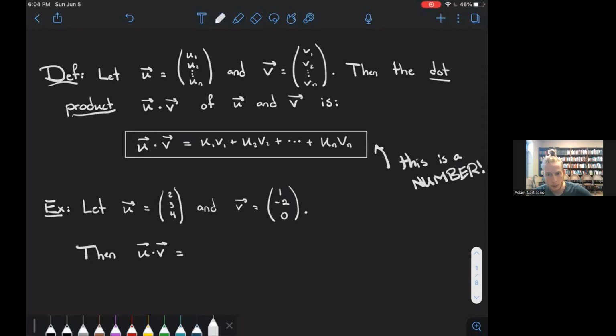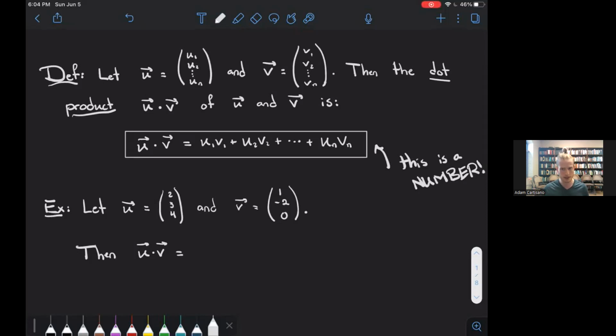Okay, if you were expecting the product of two vectors to be yet another vector, I'm sorry to disappoint you. This is going to measure some value that depends on both u and v. Okay, but yes, it is an honest number, and we're going to do all kinds of crazy things with it.